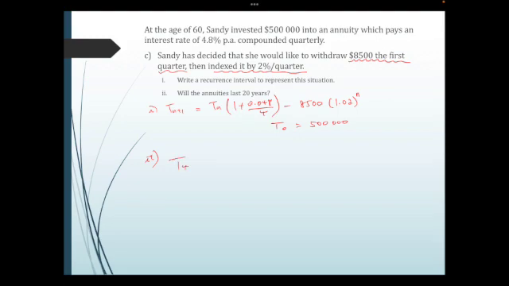So using your calculator, we should work out that T48 equals 21268.6952, and T49 equals minus 466.1788. So therefore, the annuity will last 48 divided by 4, which is 12 years and 1 quarter.